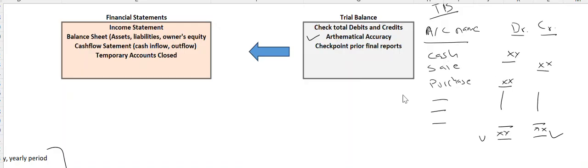For example, there could be mistakes like, let's say, you recorded the sale of a car. It was supposed to be debit cash and credit sales, right? But instead, you credited the sales, that was correct, but you also credited the cash at the same time.